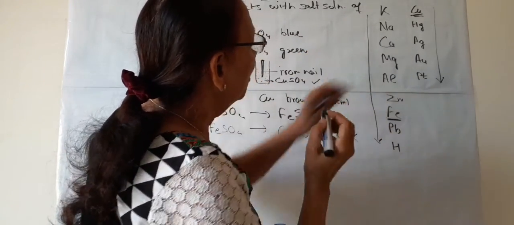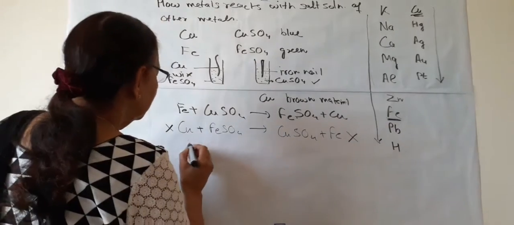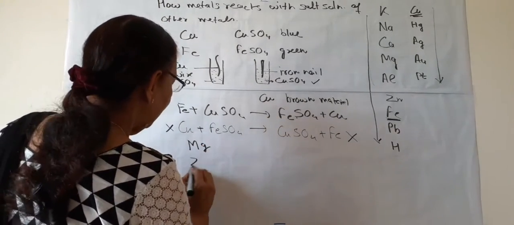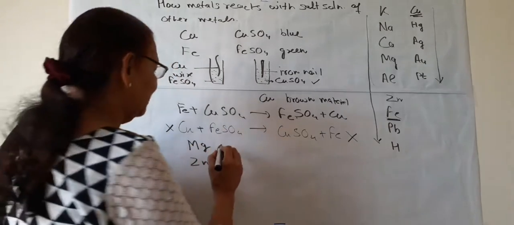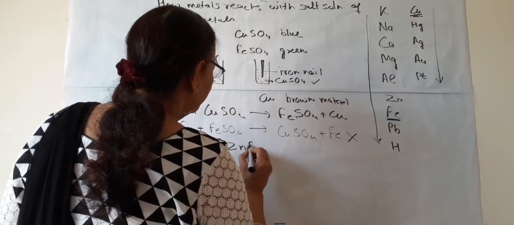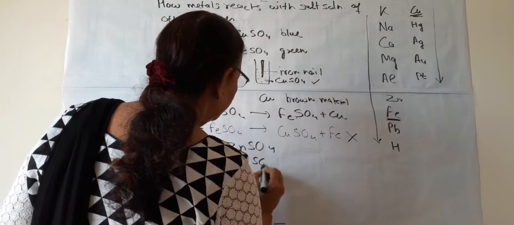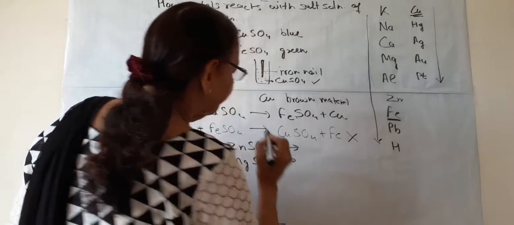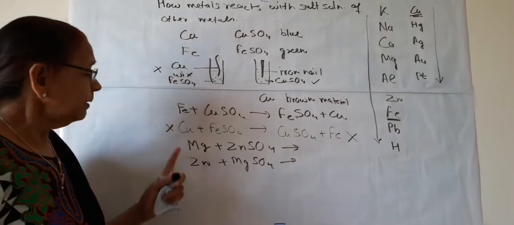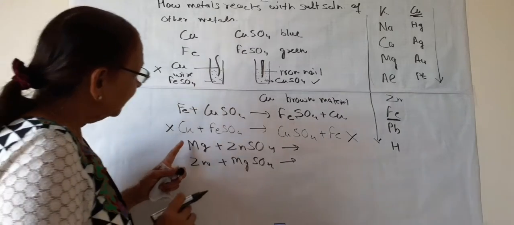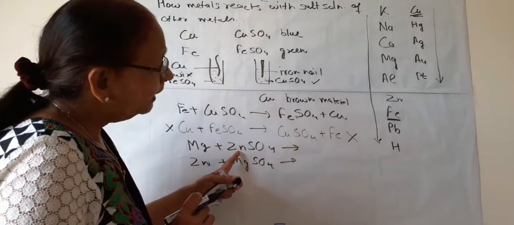Take the example of magnesium and zinc. Suppose we have two metals, magnesium and zinc, and we have a solution of zinc sulfate here, and I took a solution of magnesium sulfate here. Can you tell me in which reaction the reaction will take place? Whether magnesium can displace zinc?